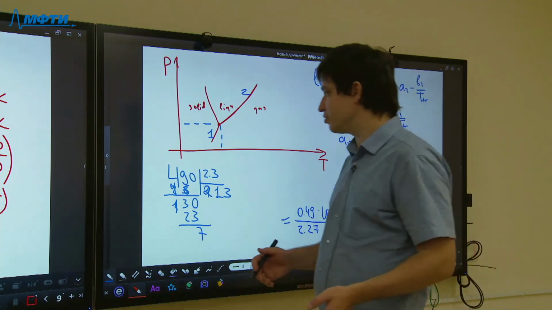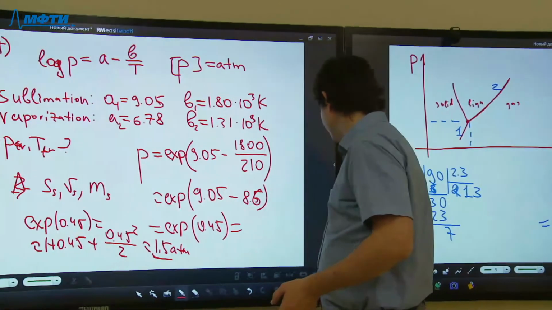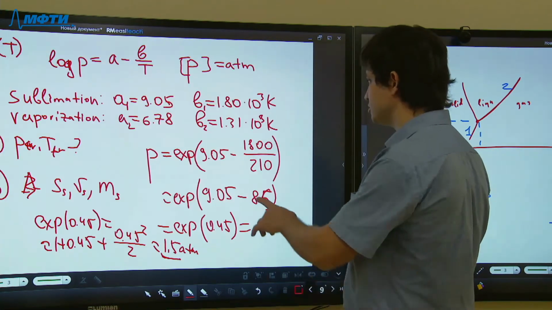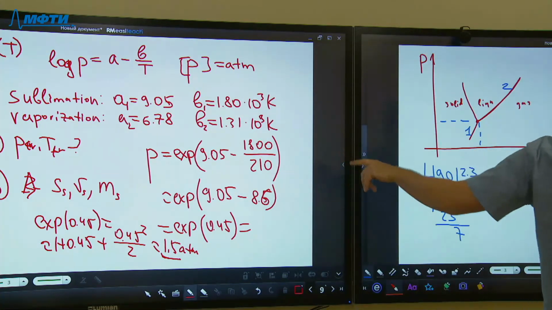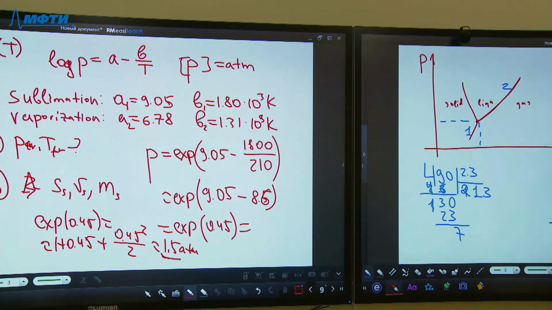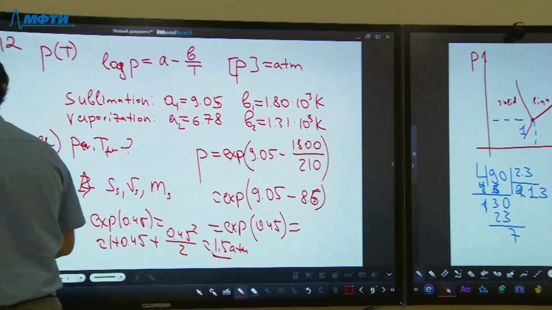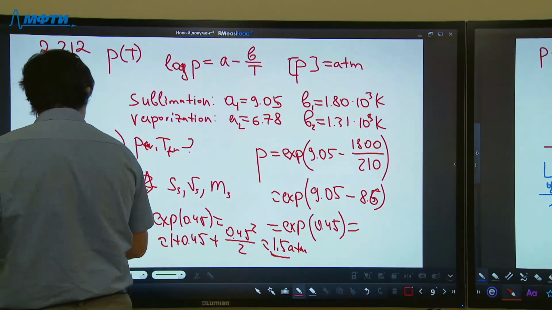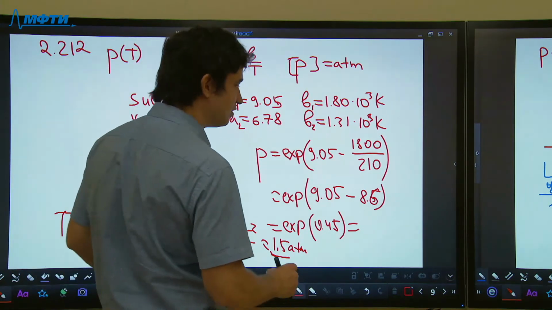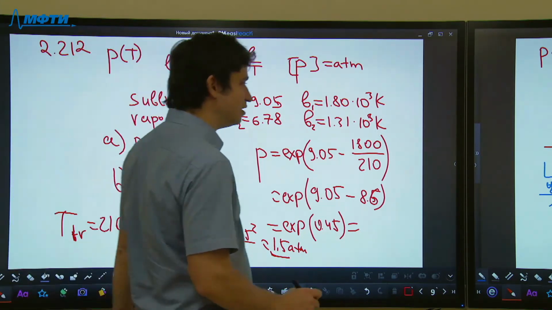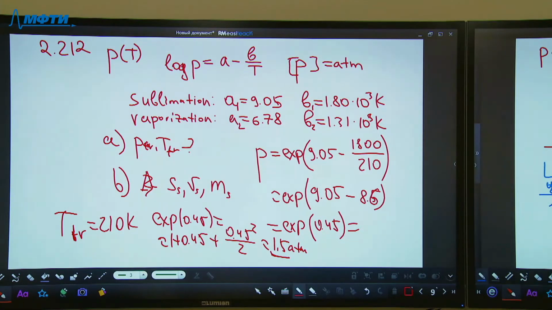According to the Clapeyron-Clausius equation, here we have parameters, so I think we should leave this here. Let's also write the triple point temperature here somewhere, in case it's needed. Probably it wouldn't be needed, but I don't know. So let's write.